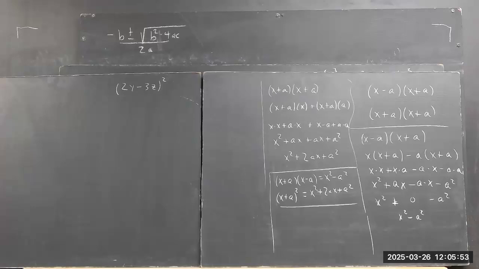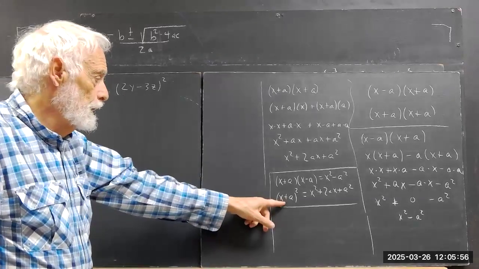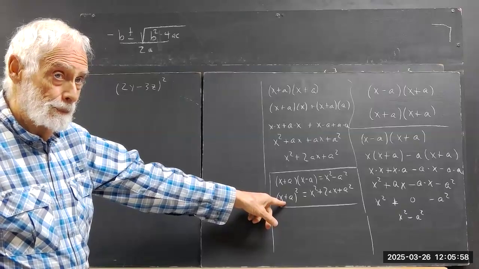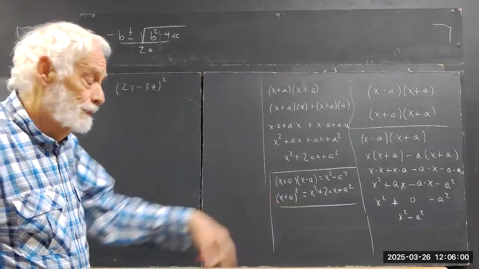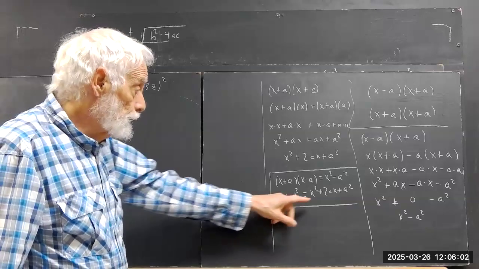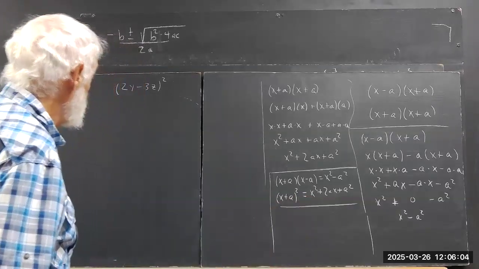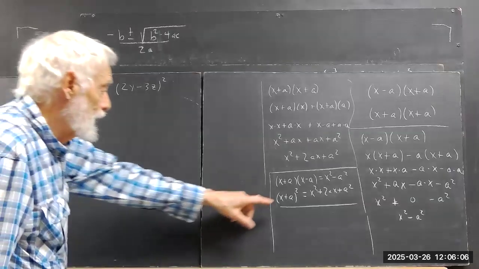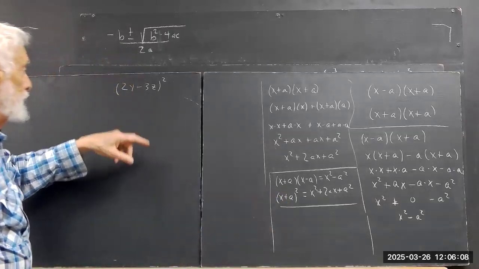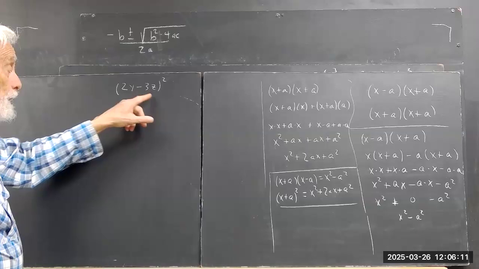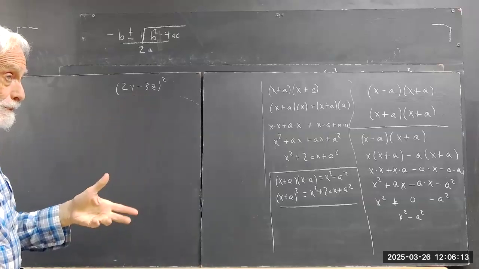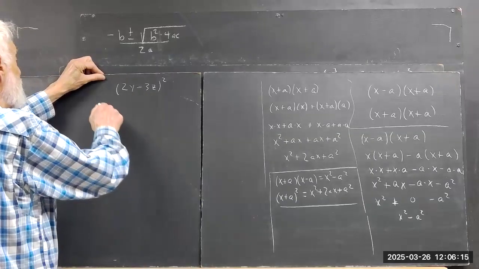Okay. That's the square of a binomial. So we can use this formula, but we've got to understand that a, instead of being 3z, is negative 3z.